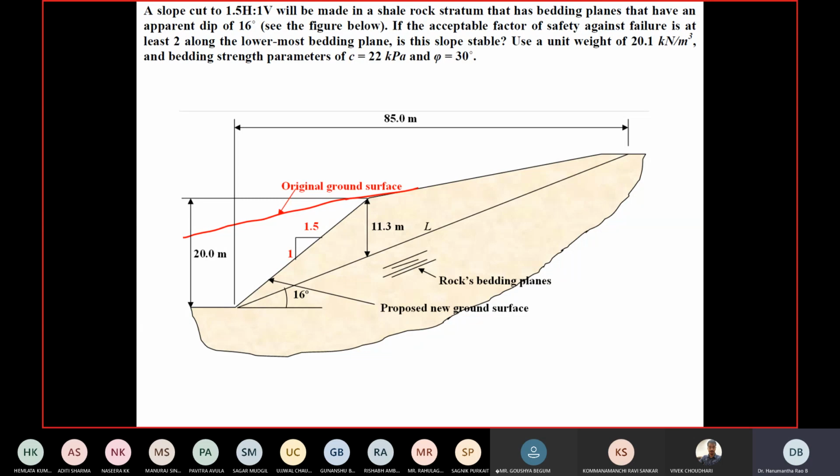Okay, I request everyone, please note down this sum. So this is a slope having a slope of 1.5 horizontal to 1 vertical. The total length from toe to the top is 85 and the height of the embankment or the slope is 20 meter. And the peak height of the slope is 11.3 meter.